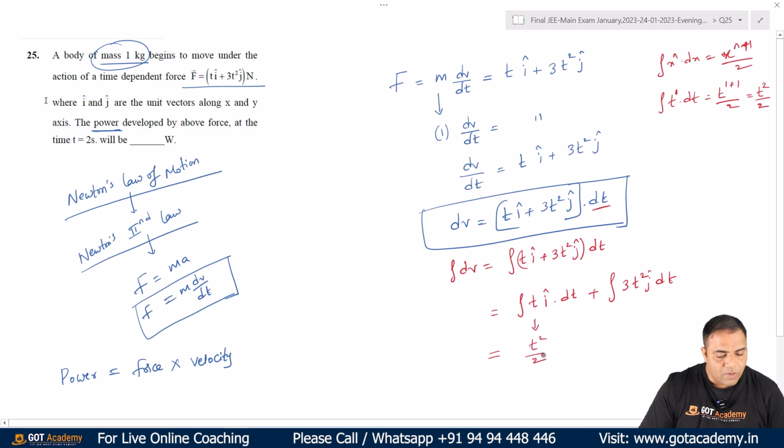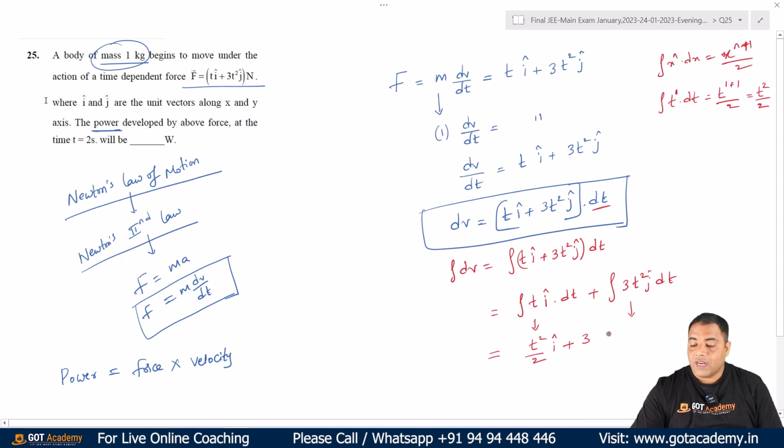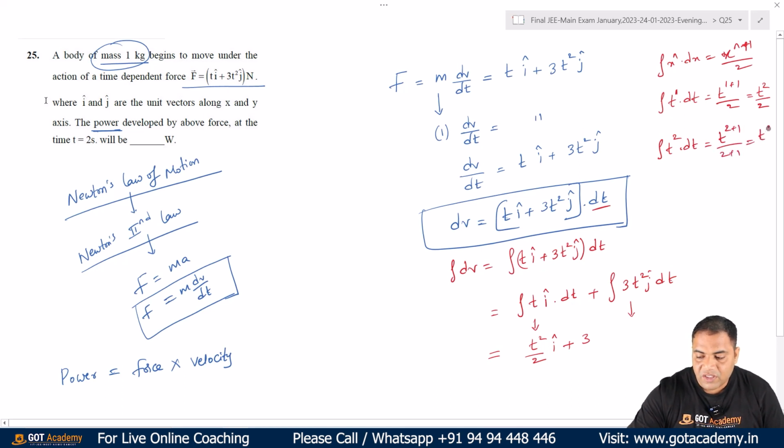You will be getting this as t square by 2 along x-axis plus, what about this one, 3 is taken outside. Now integral of t square: t power 2 plus 1 by 2 plus 1, so t power 3 by 3. So t cube by 3 along j-axis, this is what I am getting. 3 cancels.